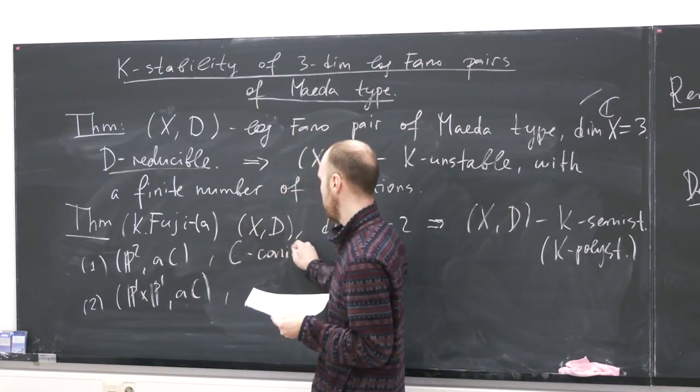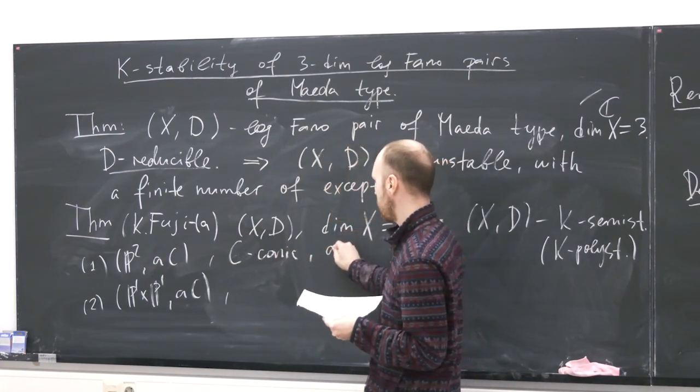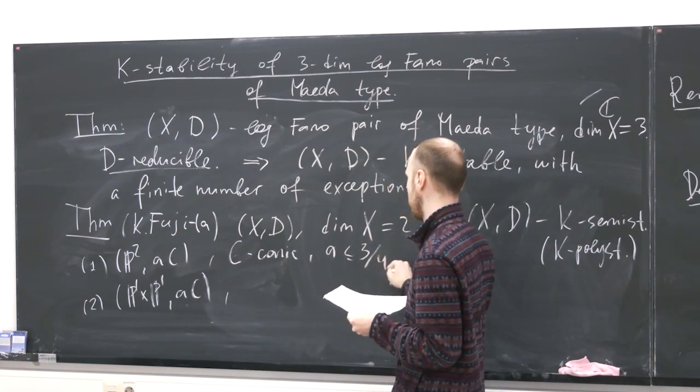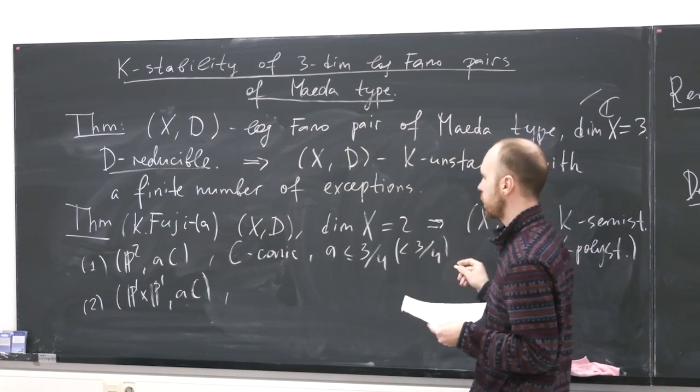Here C is a smooth conic, and the coefficient is less or equal than 3/4, respectively, strictly less.